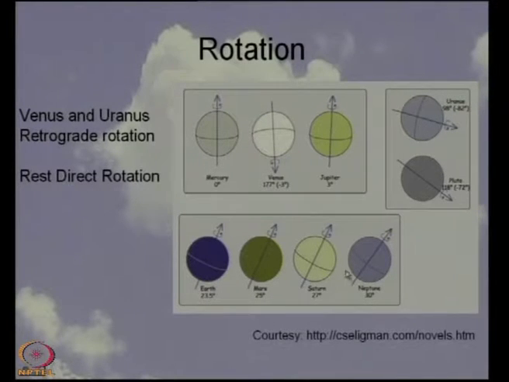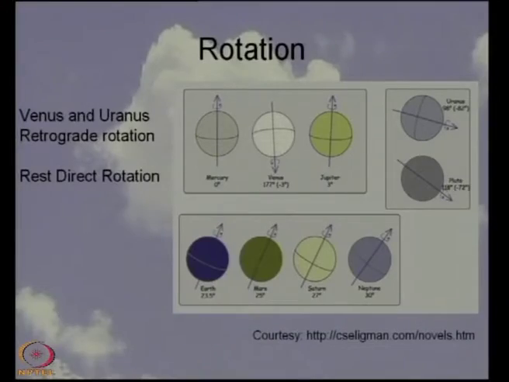The point to note is that nearly all the planets have their rotation axis aligned normal to the ecliptic plane, nearly normal, and they rotate in roughly the same direction in which they are revolving around the sun.